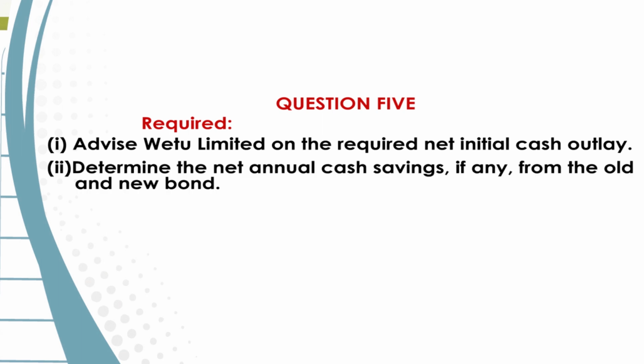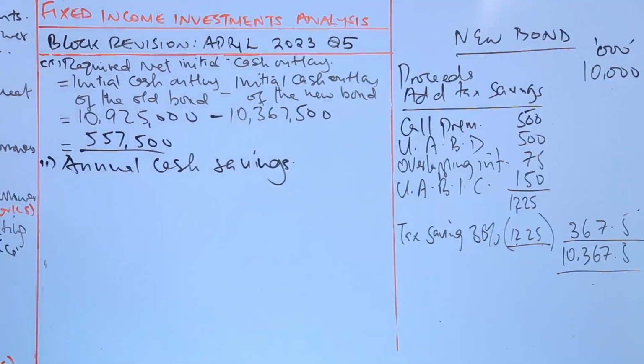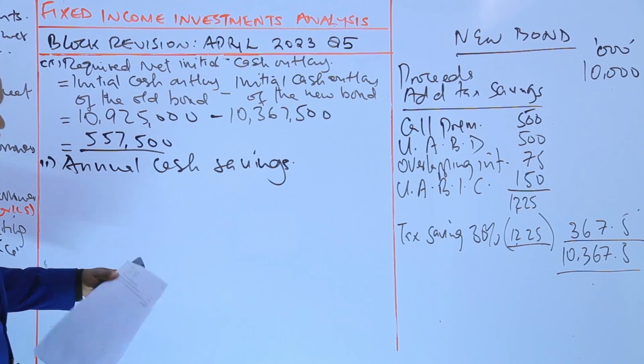Part 2 says, determine the annual cash savings, if any, from the old and new bond. Now, annual cash flow savings, is it cash flow savings? Yes, annual cash savings.